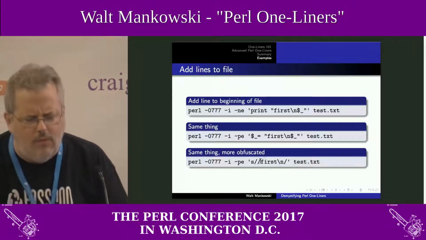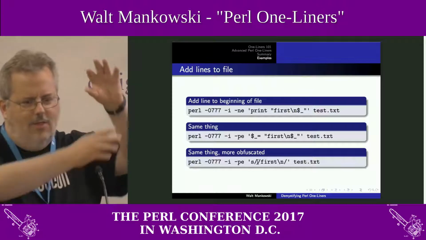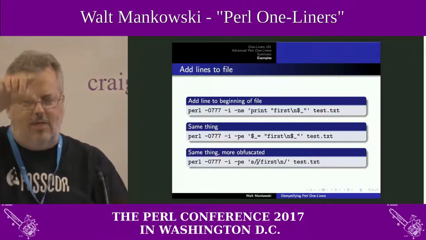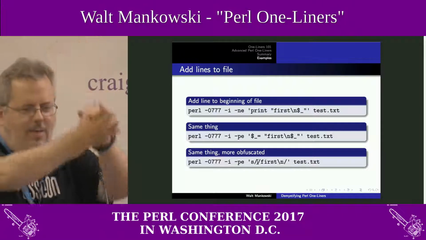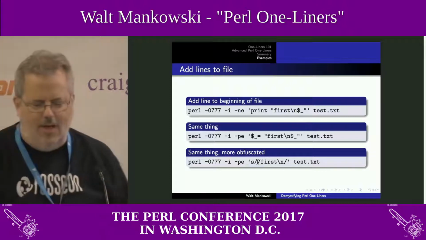What does that match? It matches nothing, so I guess the very beginning of the line. It changes the very beginning to "first", a new line, and then everything else.